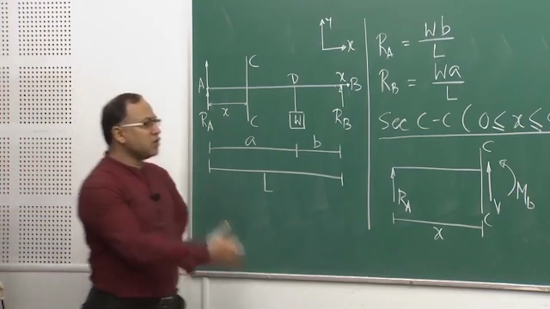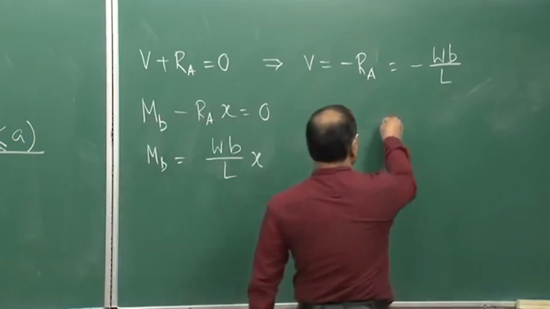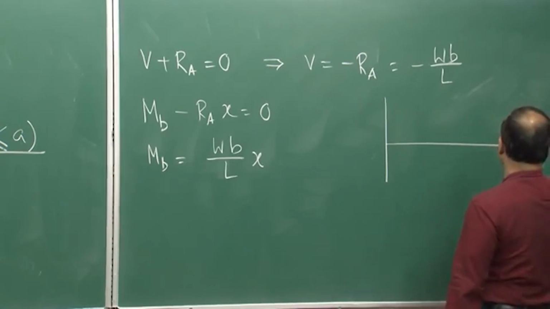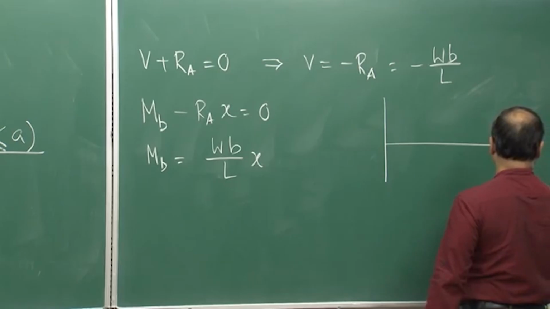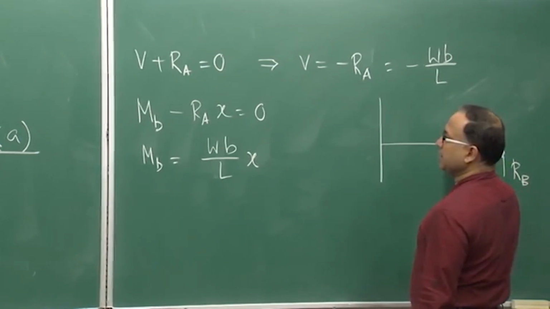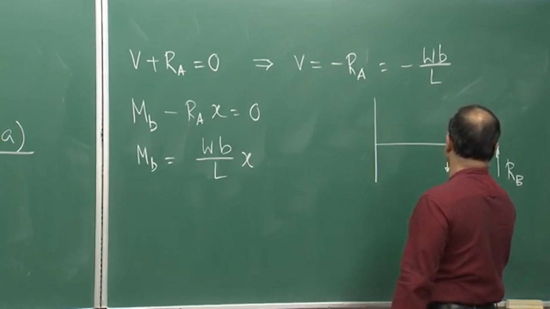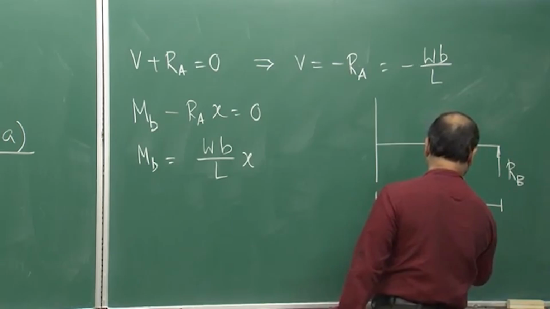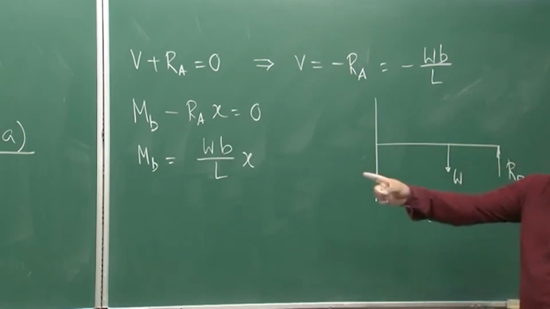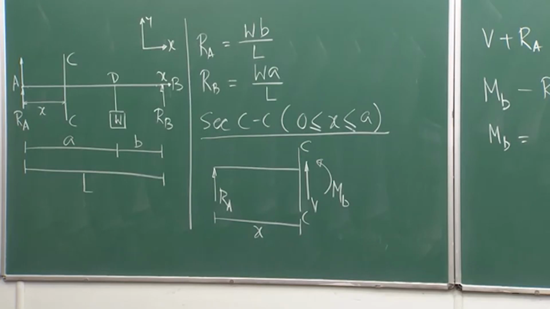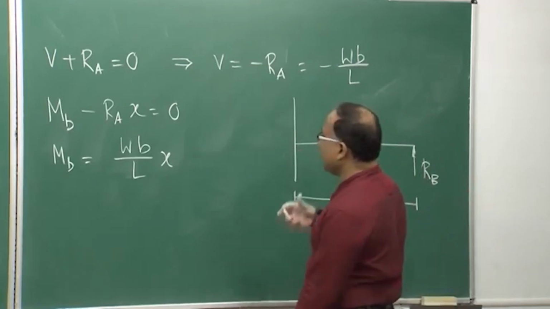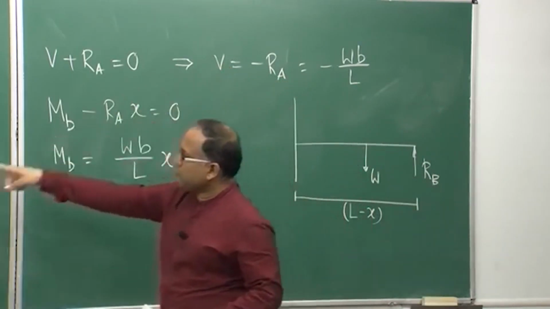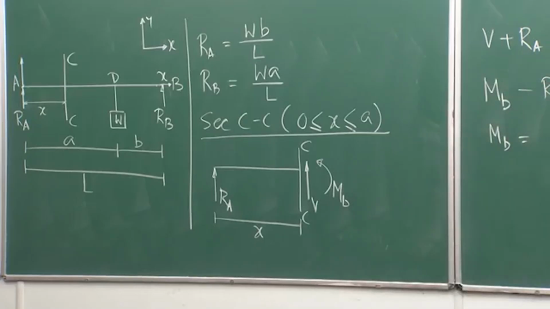If you consider the right hand part of section CC, how will it look? This is my section CC, this is the beam, here it is RB, and here you have the force W, and this distance is not x but L minus x, because x is starting from A. I considered shear force as positive, but eventually it comes negative.